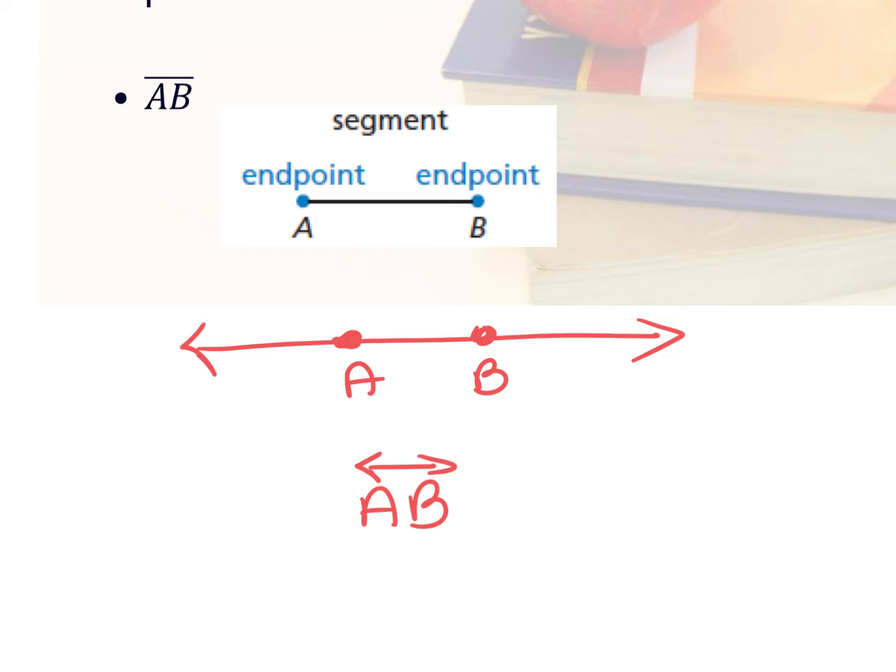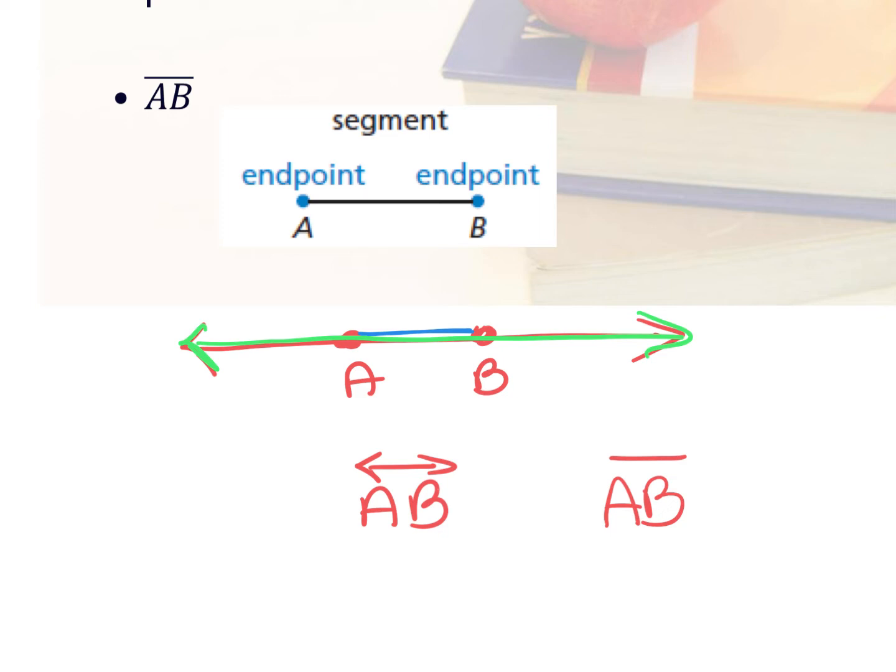When I'm referring to a segment, I put a line on top without arrows because the segment is only referring to all the points in between A and B. It gives me a beginning and an end. Whereas the line, it's this entire thing, and it goes beyond the A and the B because of the arrows on the end.